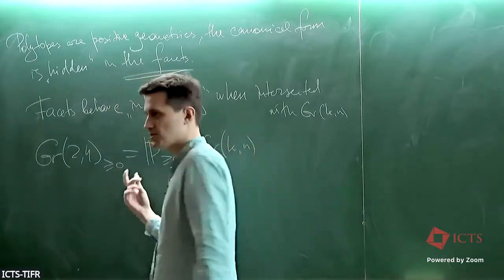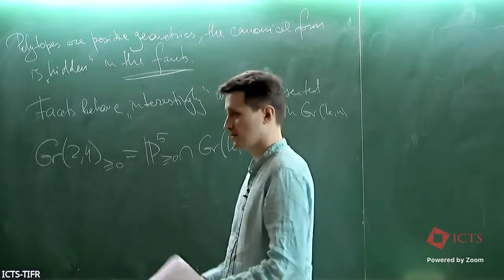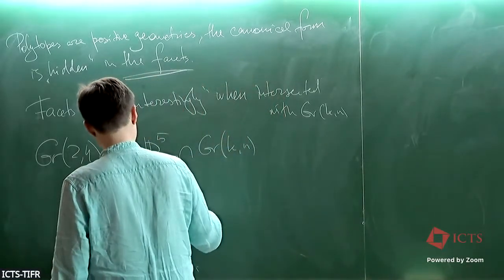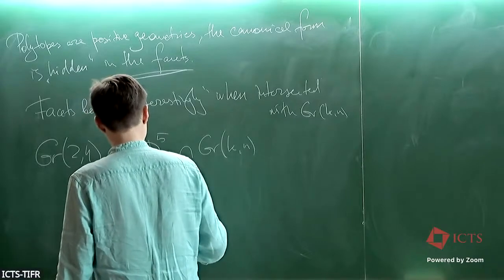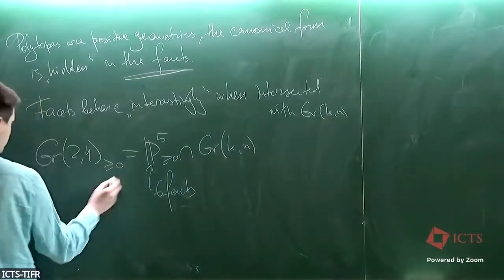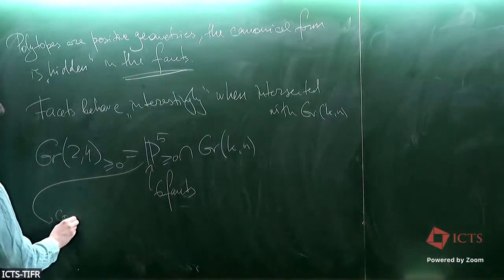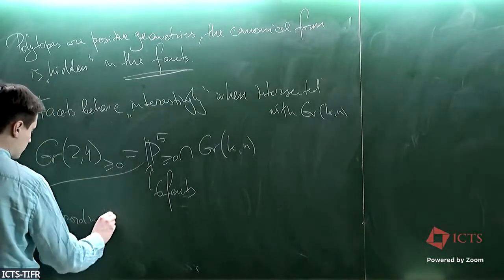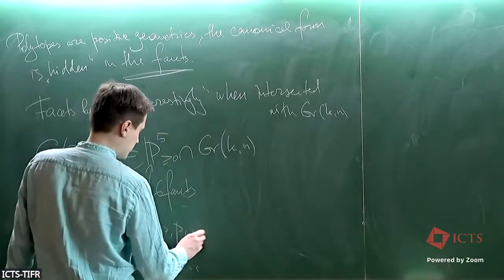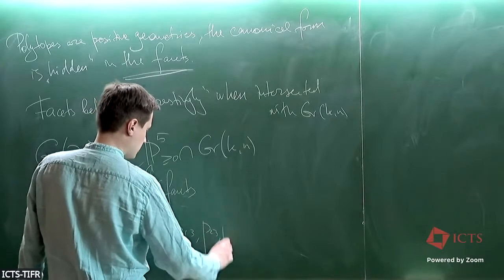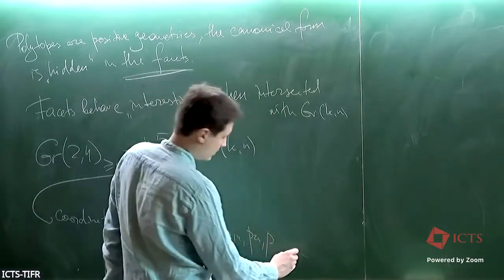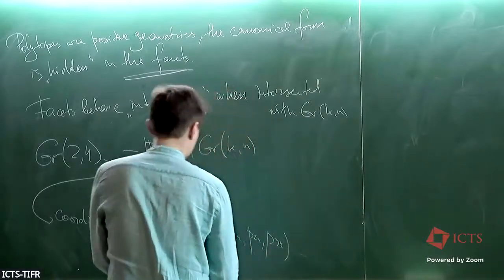Well, the 5-dimensional simplex has 6 facets. So we are in this Plücker space, and my coordinates on P5 are P12, P13, P23, P14, P24, and P34.